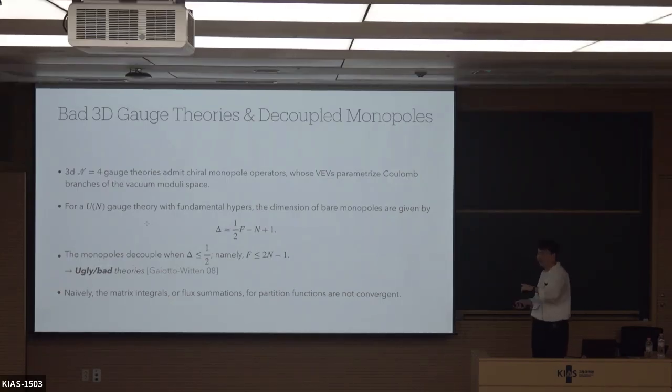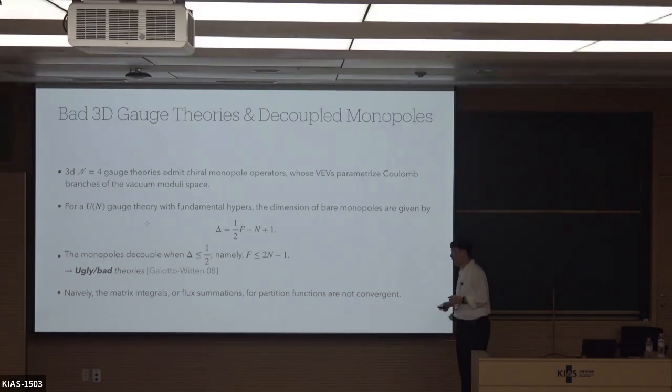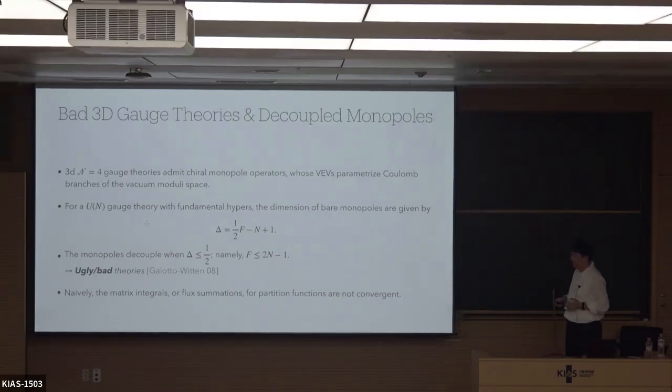We just know that there should be an emergent symmetry which corrects this UV R symmetry such that the correct R symmetry will be larger than or equal to 1/2 to be a unitary theory. Okay? And as I mentioned in the introduction, if I try to compute the partition function using this UV data, either matrix integrals or some flux summation for the superconformal index, for example, the partition functions are not convergent. Okay?